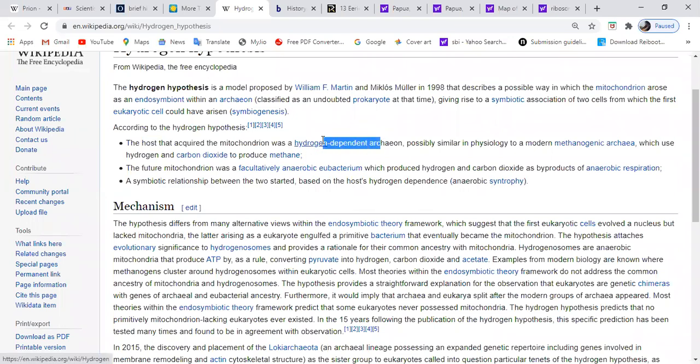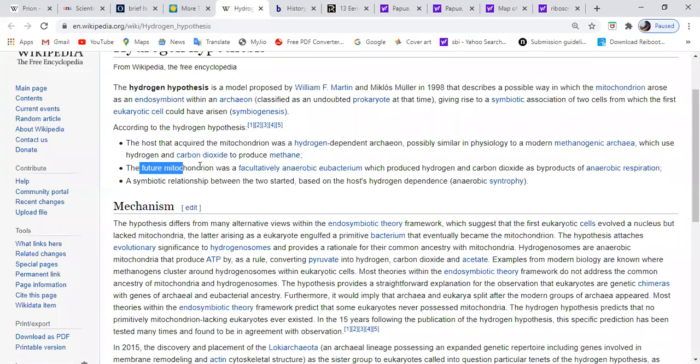This archaea is the host here, and it requires hydrogen, whereas the proteobacteria, which gives rise to mitochondria, is a hydrogen-releasing bacteria. So the hydrogen-dependent archaea is possibly similar to modern methanogenic archaea, which use hydrogen and carbon dioxide to produce methane, for example.